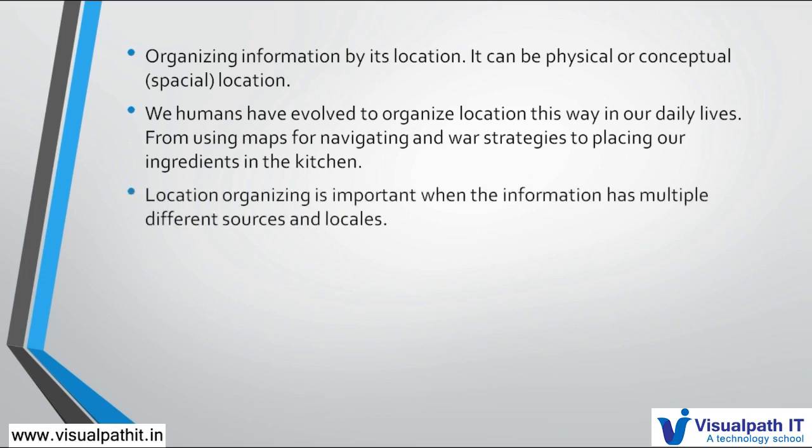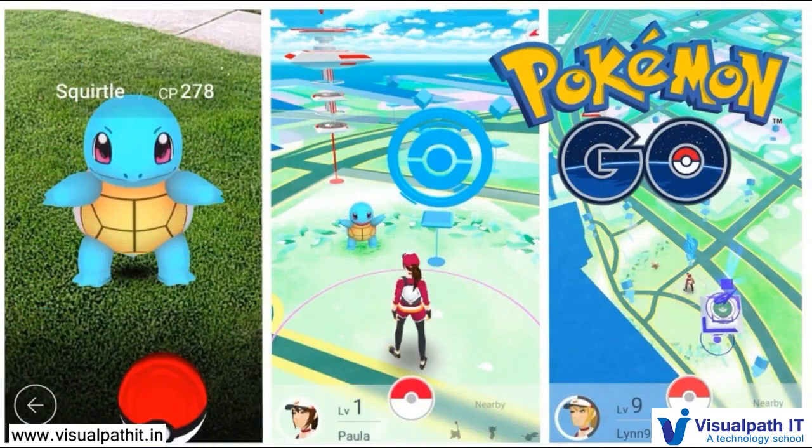Location organizing is important when the information has multiple different sources and locales. As I said in the example, let's take a look at one more example. Pokemon Go is a good example of an app that organizes information by location. I hope many of you have played this. Now you can take a look if you get it.